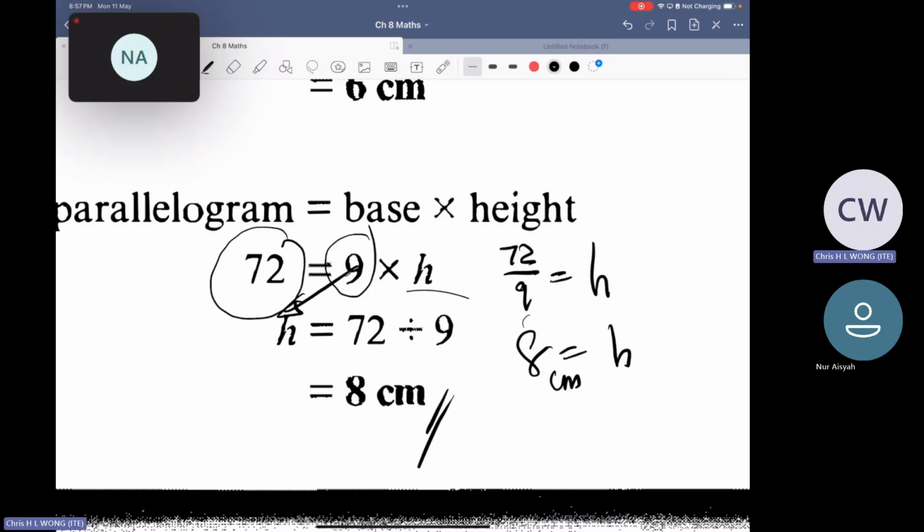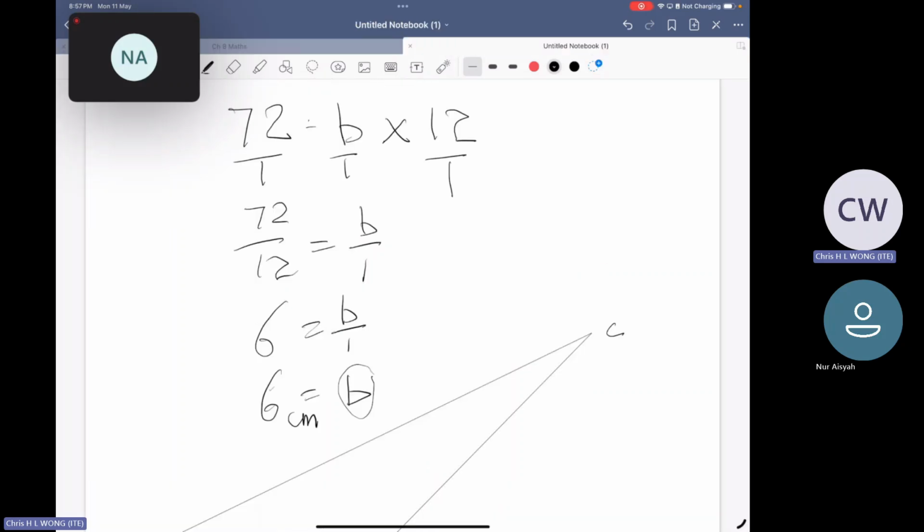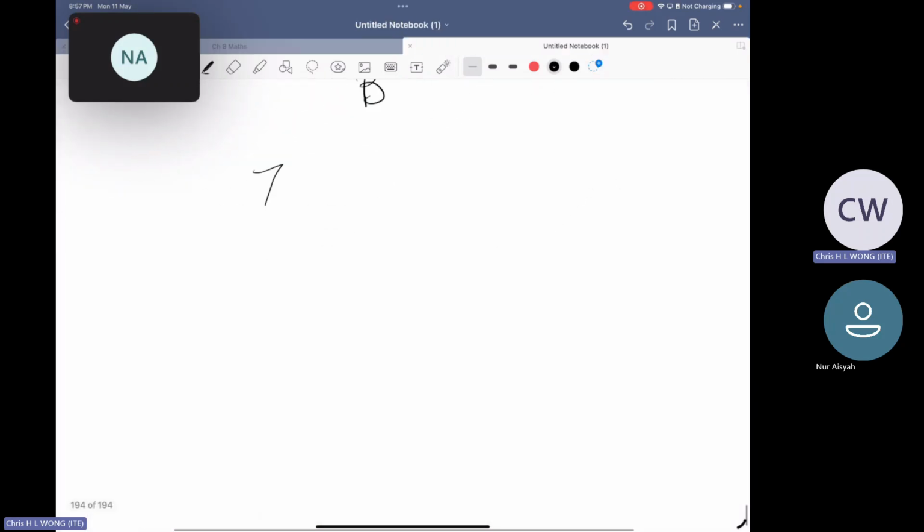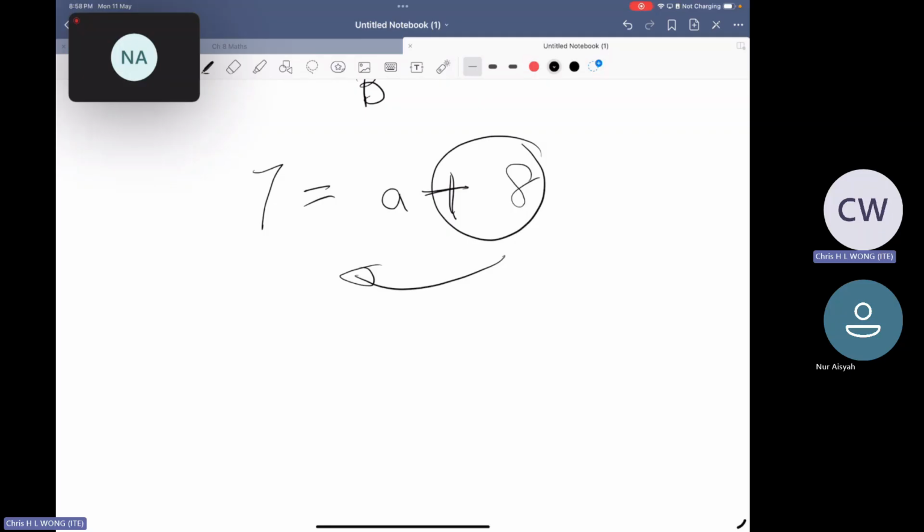Are you good in cross multiply? Just to make sure, if I have 7 equals to a plus 8, you cannot cross multiply in this case, right? Plus, you cannot cross multiply. Plus, you just bring over. Become 7 minus 8 equals to a.